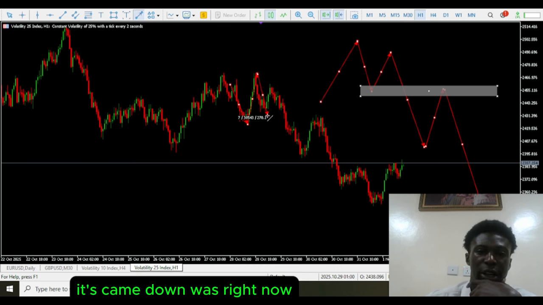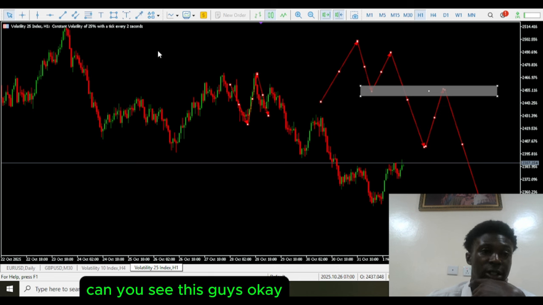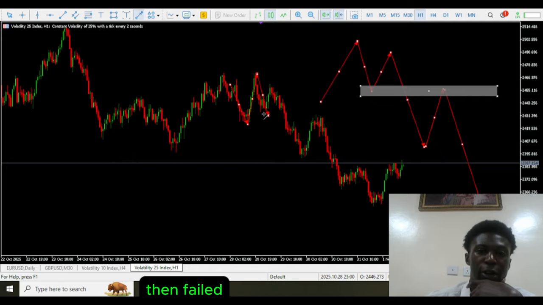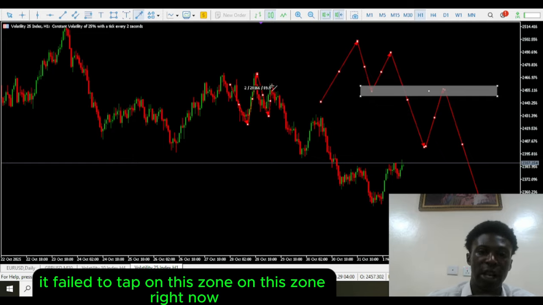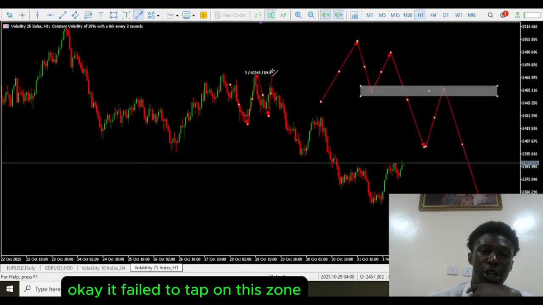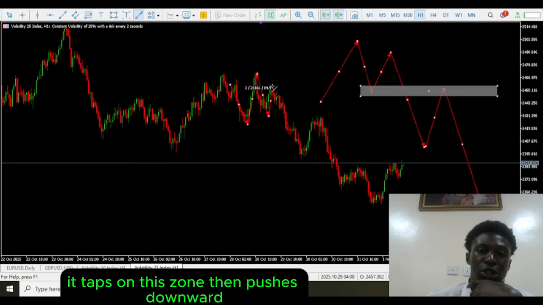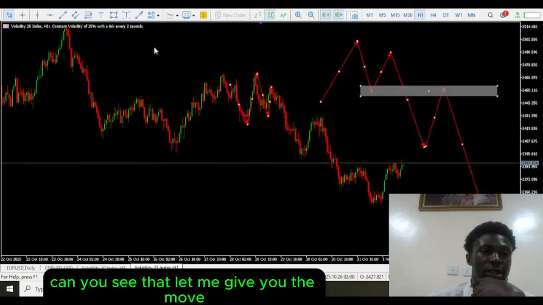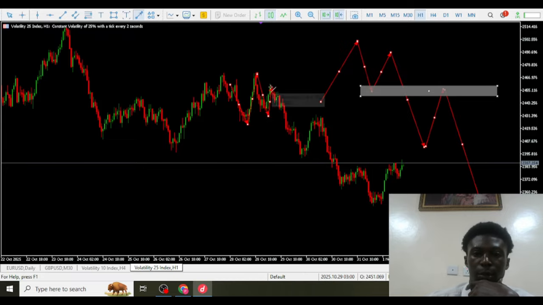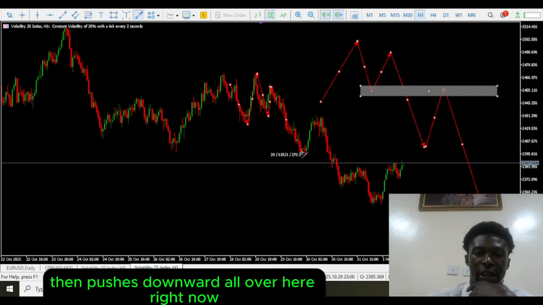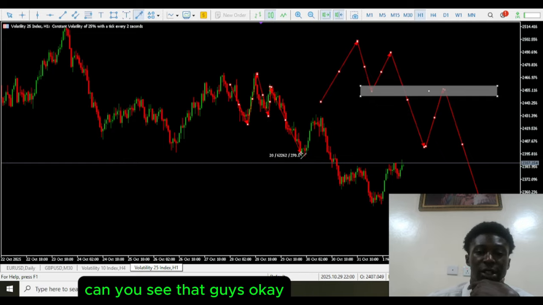Then it failed to tap on this zone. It taps on this zone, then pushes downward. Let me give you the move. Then it pushes downward all over here right now. Can you see that, guys?